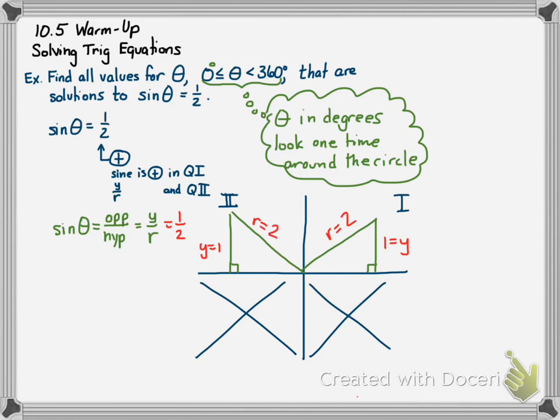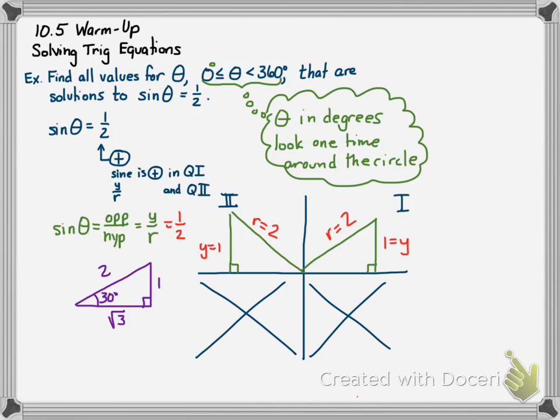Now I ask myself, do I know any triangles where one side has a length of 1 and the hypotenuse is 2? The answer is yes. I know a triangle that has a hypotenuse of 2 and a side of 1, and the third side on that right triangle is square root of 3, and the angle opposite the 1 is a 30-degree angle.